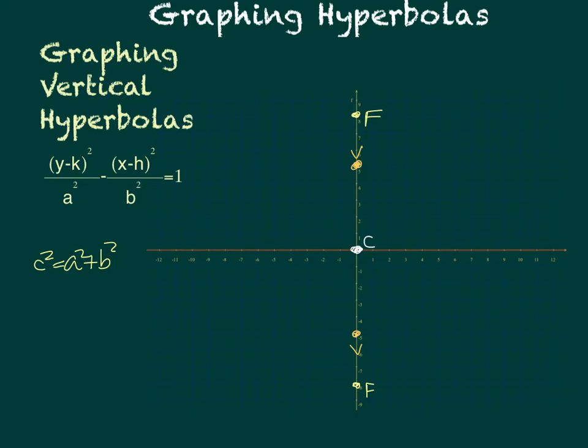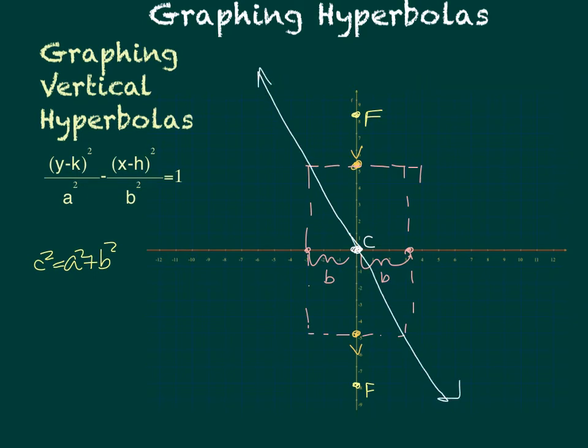So if it works out that my b comes to be here, then those would be my co-vertices, and I can draw a little box between those, and then draw my asymptotes right here through the corners of the box and the center of the hyperbola.